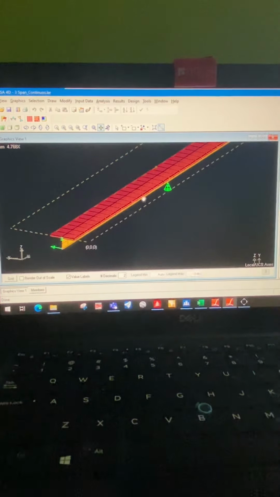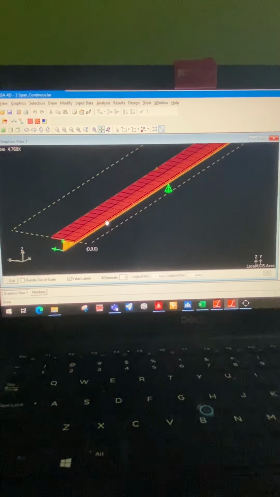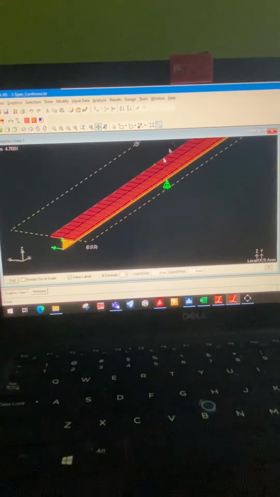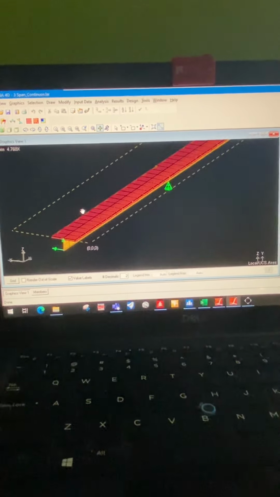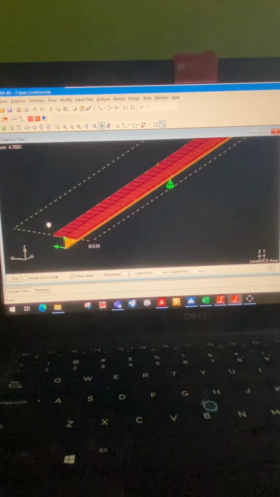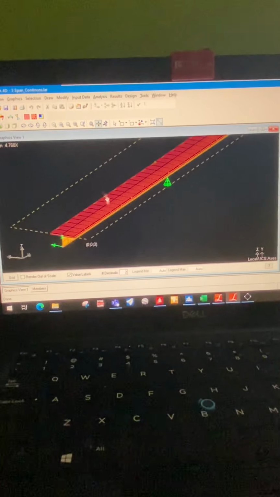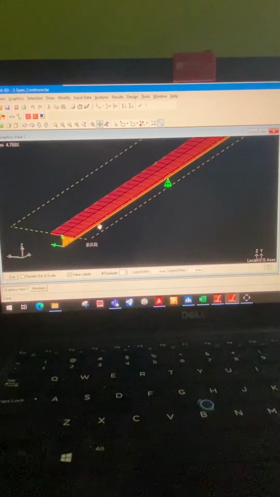So we group this together in order for it to generate the maximum positive moment for a compound section, meaning they're composite together.